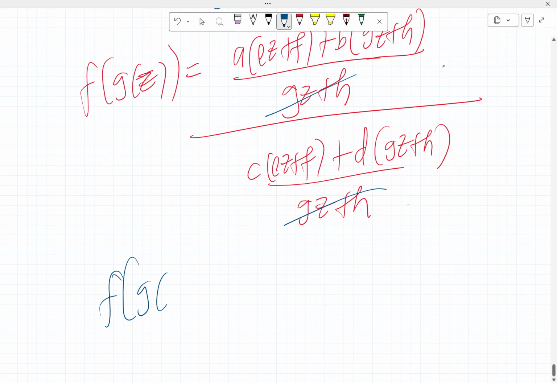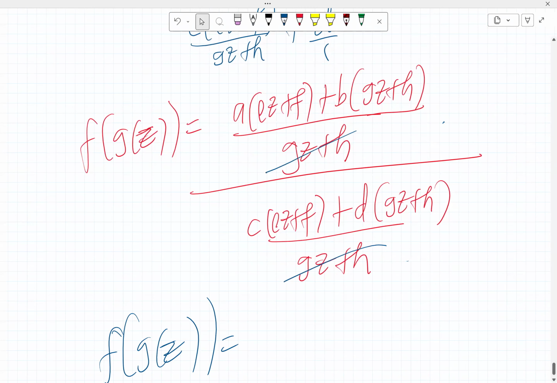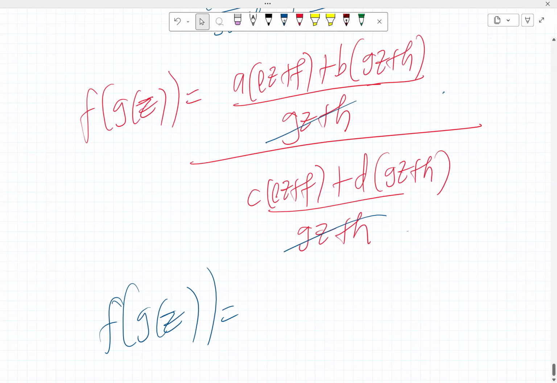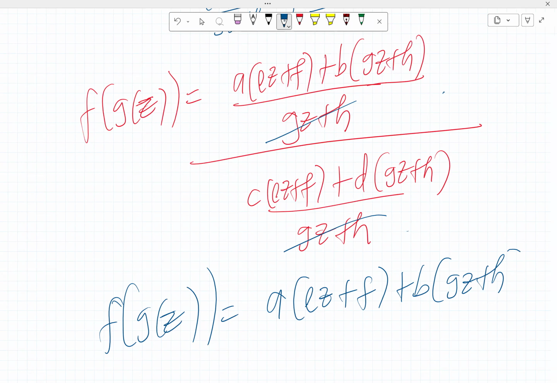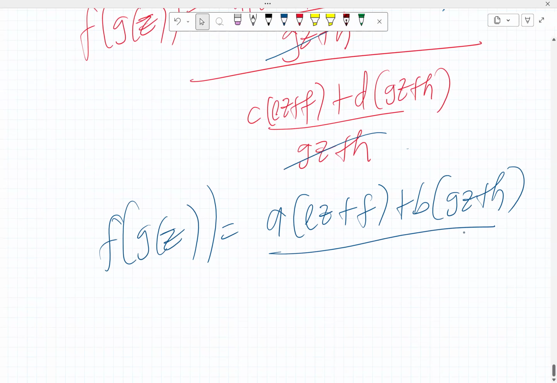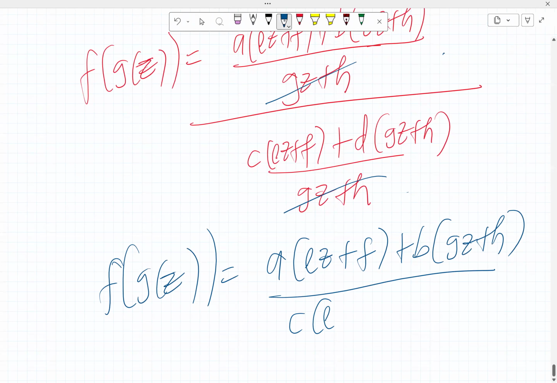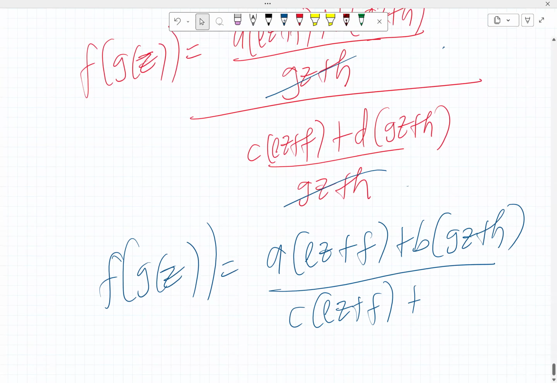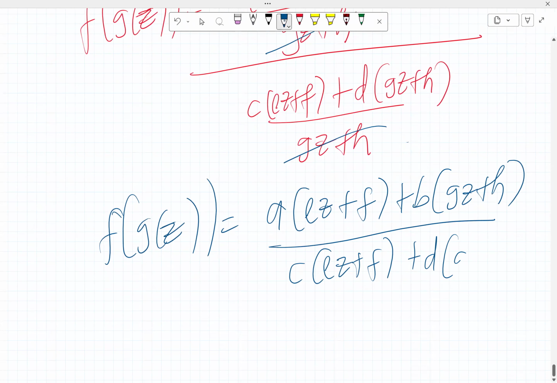So we have f of G of Z now equals, at the top there, A into EZ plus F plus B into GZ plus H, all over C into EZ plus F plus D into GZ plus H, like this.